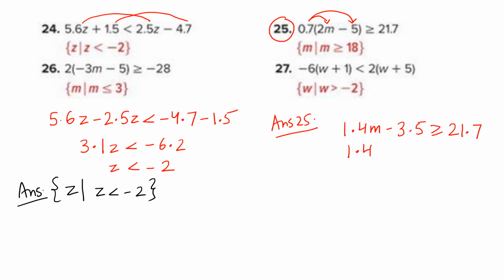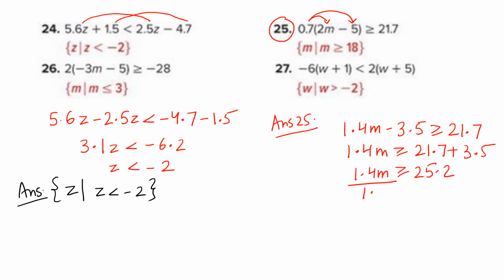So 1.4m is greater than or equal to 21.7 plus 3.5. So we are going to add them. Adding gives us 25.2. So this is greater than or equal to 1.4m.